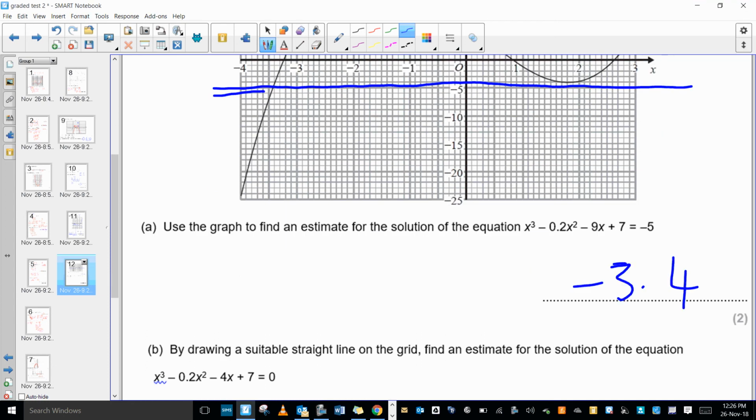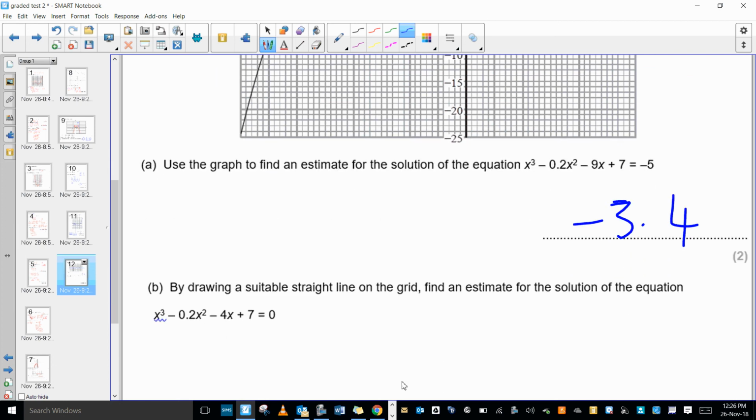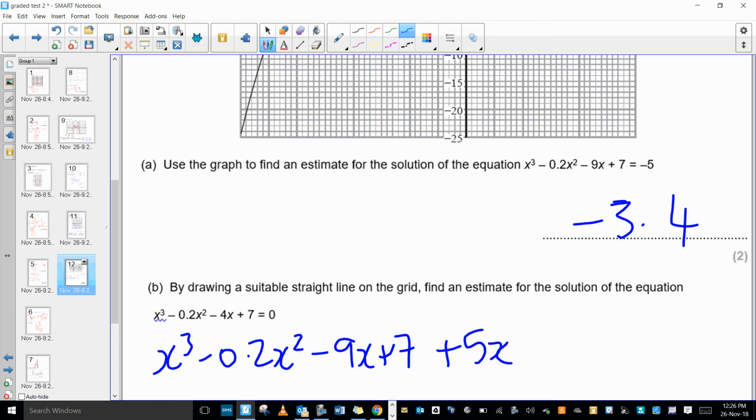And draw a suitable line to find solutions of this equation. Again, the difference would be our original function minus 9x plus 7, and so we would have to add on 5x, and that's all we'd have to add on. So this is the graph we're going to draw, the line y equals -5x.